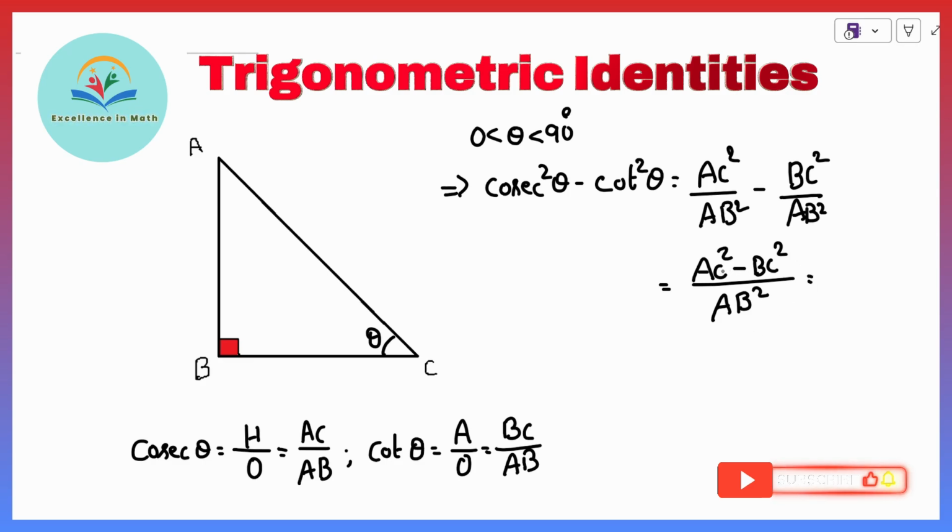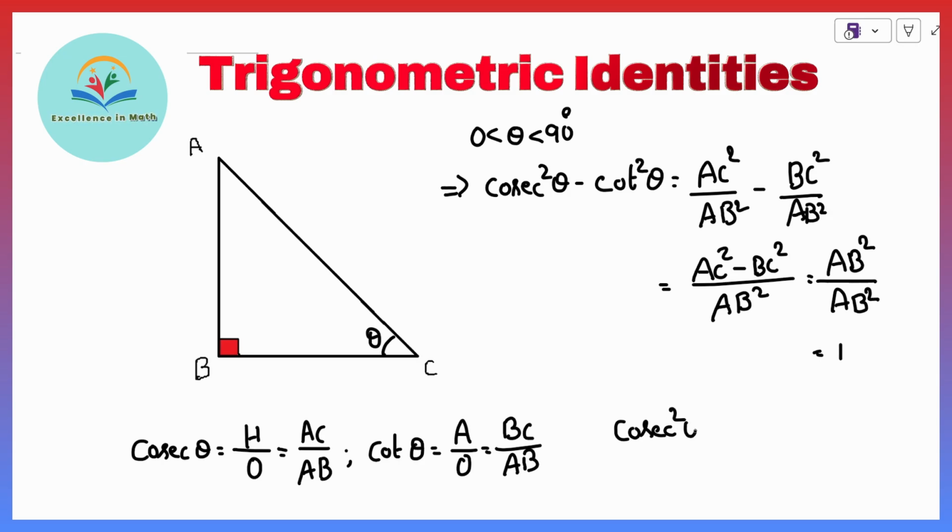With the help of Pythagoras theorem, the difference of hypotenuse square and the adjacent side square is equal to the square of the third side, that is AB square. Again AB square over AB square is 1. For any acute angle theta, cosecant square theta minus cot square theta is always 1.